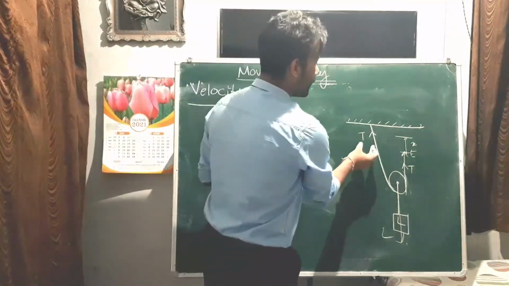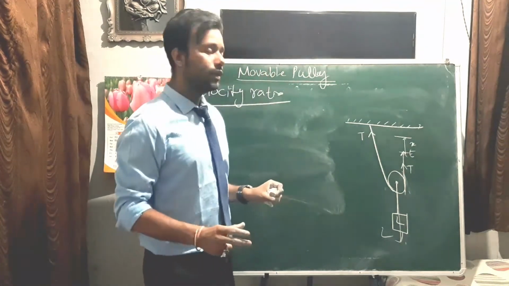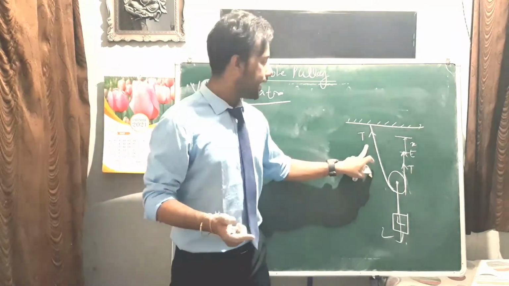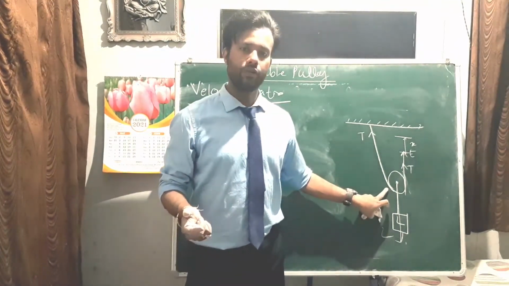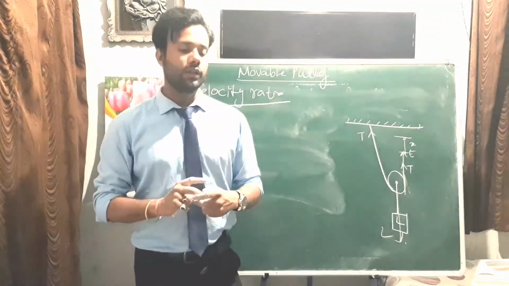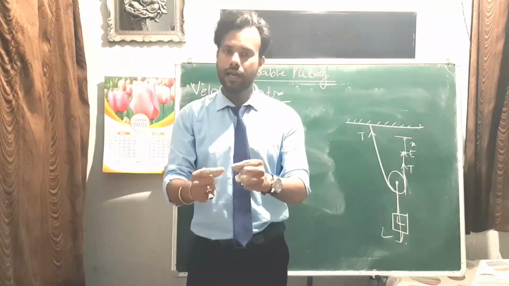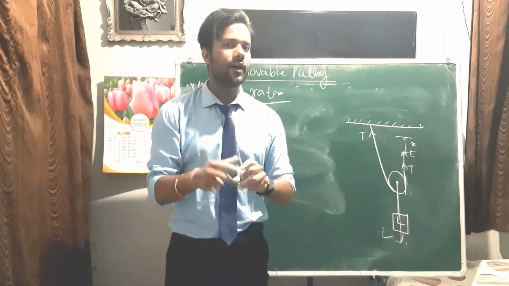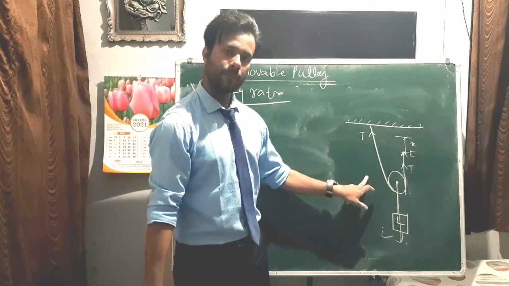That means this end of the pulley string will move by distance x by 2, as well as the pulley will also move the distance x by 2, right? As you can see from the animated video, when we apply the effort from one end, and the effort moves distance x, then this x is divided into two parts, first into the pulley and into the string, right?